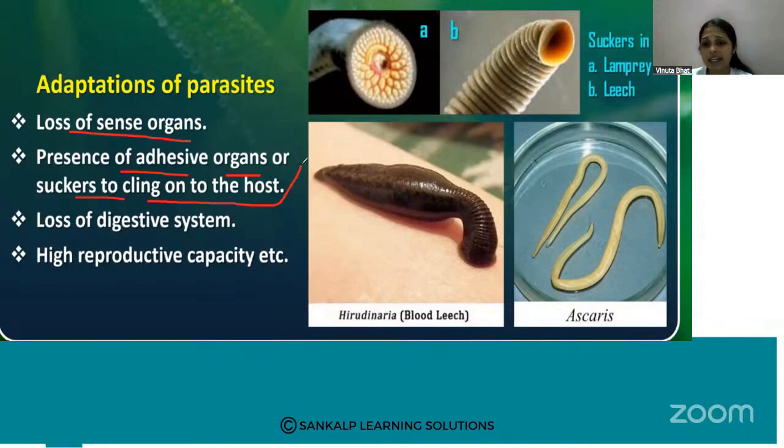And loss of digestive system, because they absorb the nutrients directly. They will not synthesize. There is no need to break down the nutrients, they just absorb them. And high reproductive capacity, because they get enough nutrients from the host.